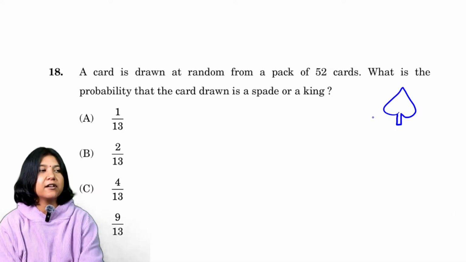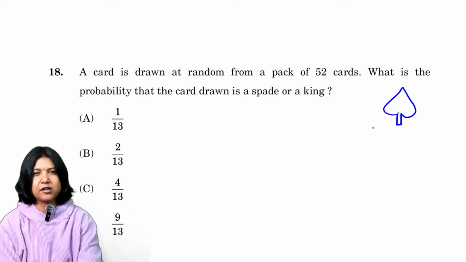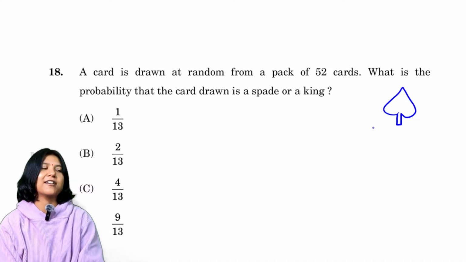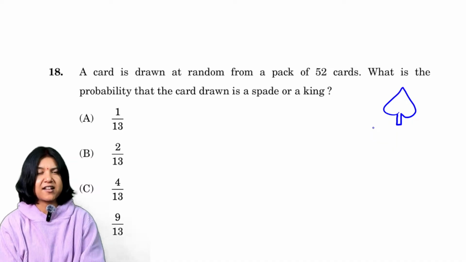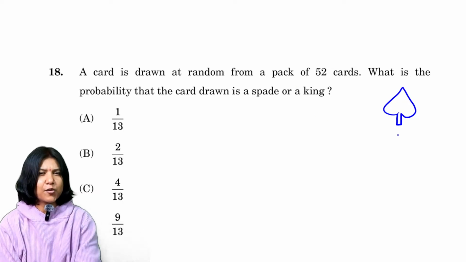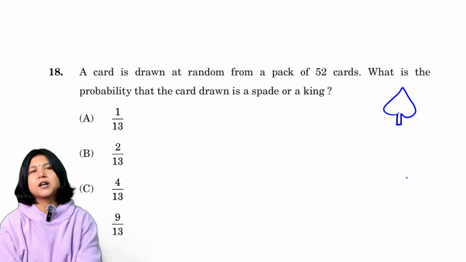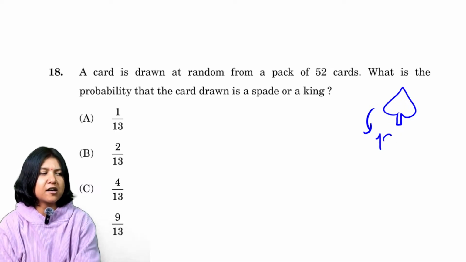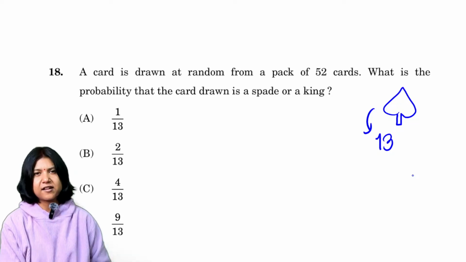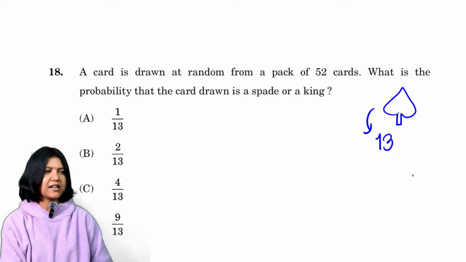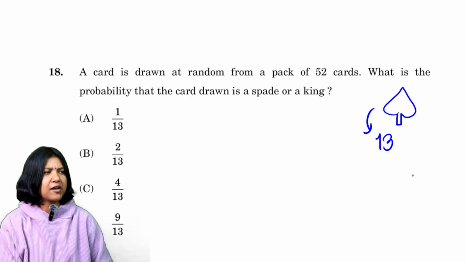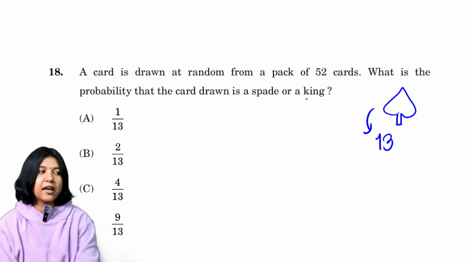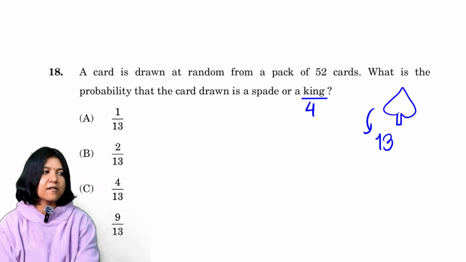Each design that you see on a card, there are 4 such designs and we have a total of 52 cards. So each design will have 1/4 of 52 cards, which is 13. So we have 13 spades, 13 hearts, 13 clubs and 13 diamonds, right? So I have a total of 13 spades, clearly. Now king, I know I have 4 kings, right?